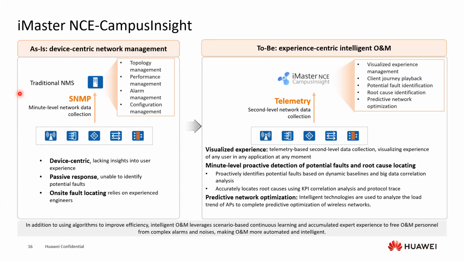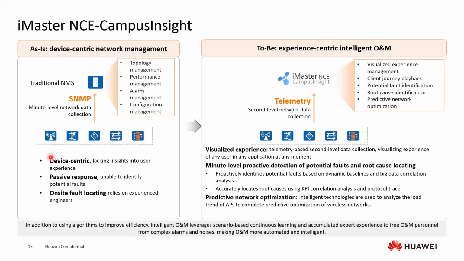iMaster NCE-Campus is basically more of a monitoring tool, but when it comes to intelligence, we have an additional component added to it by the name of Campus Insight. In traditional networks or traditional NMS, all the information is based on passive outputs.